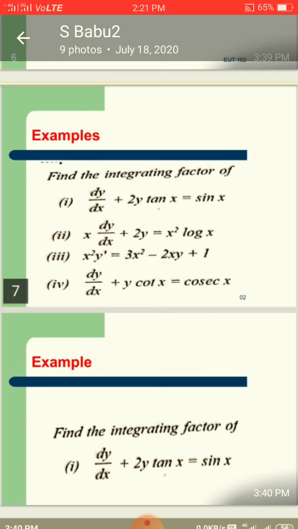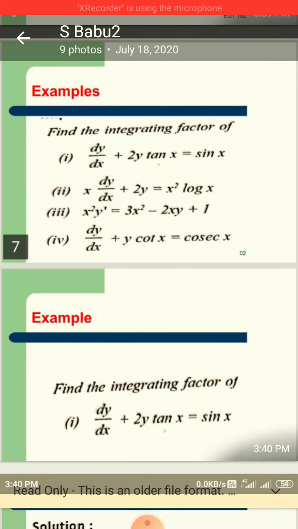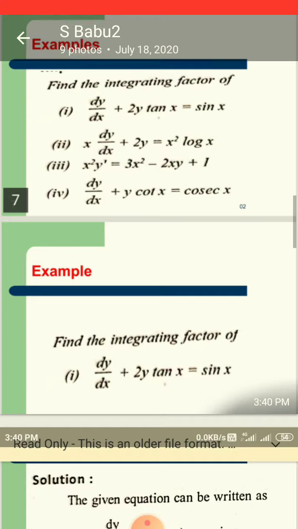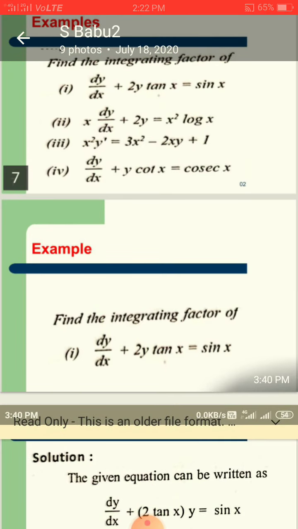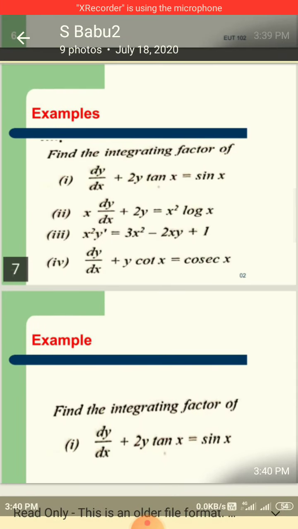So first here we have some examples. What type of examples? Here, to find the integrating factors. Find the integrating factor of the following four questions. First one, dy by dx plus 2y tan x is equal to sin x.